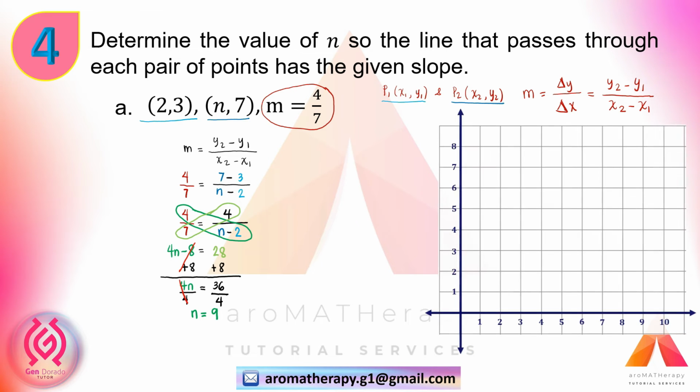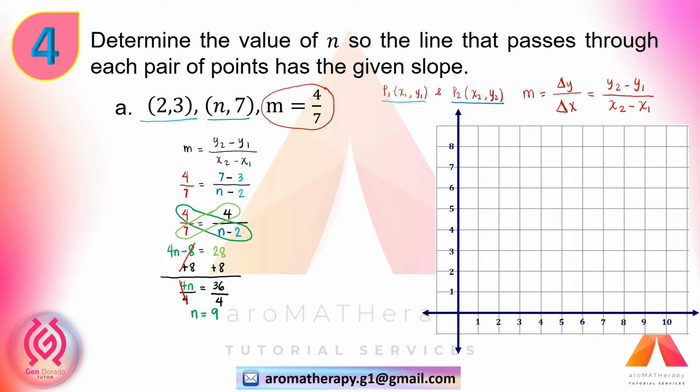Okay, so let's try to graph. Where is (2, 3)? Okay, ayan siya. Now, where is (9, 7)? Hindi connect. So, this is our graph. So, tama, no?